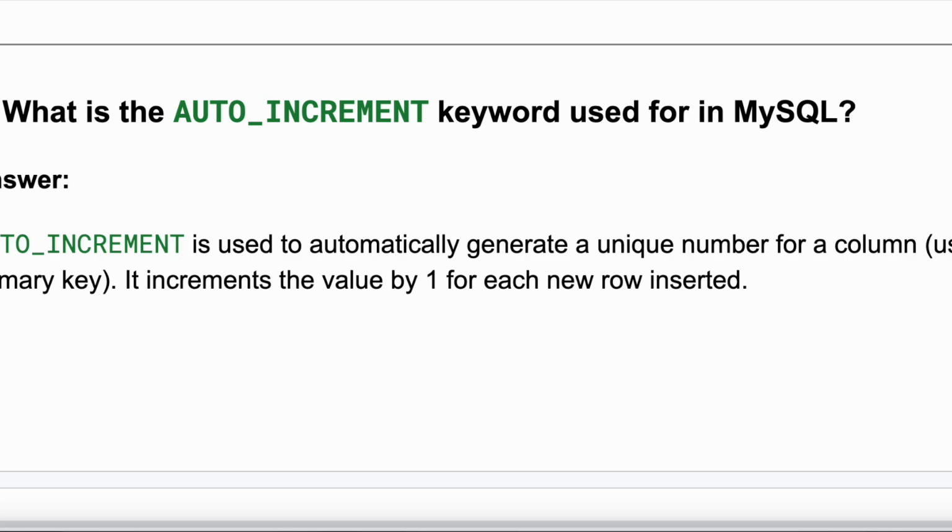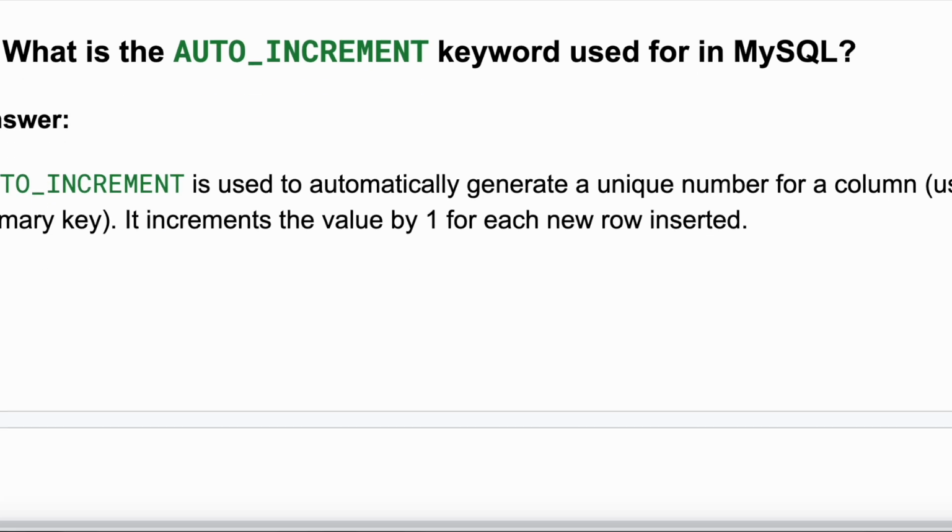So auto increment will automatically generate a unique number for you, and we don't have to worry about the generation of the primary key. It will increment the value by 1 for each new row inserted. For that purpose, the auto increment keyword is used.